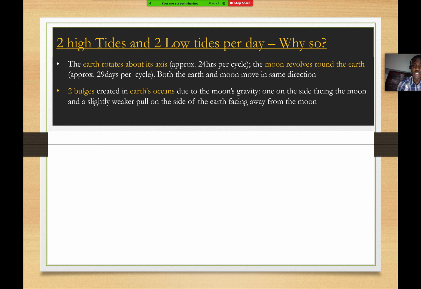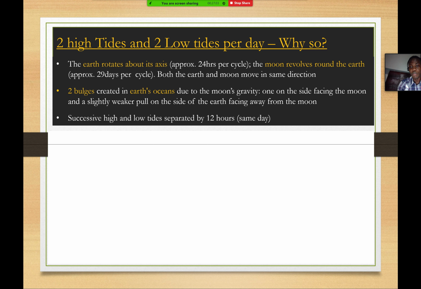Those bulges are a result of the gravitational pull of the Moon on the Earth's ocean, and areas that experience those bulges typically will have high tide at that time. So what that means is that as the Earth keeps rotating about its axis, different parts of the Earth will be experiencing that tidal force or bulge as it keeps moving from one part to the other.